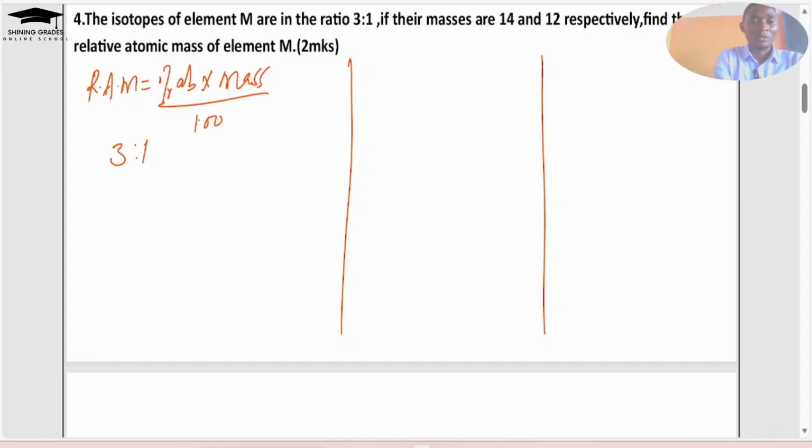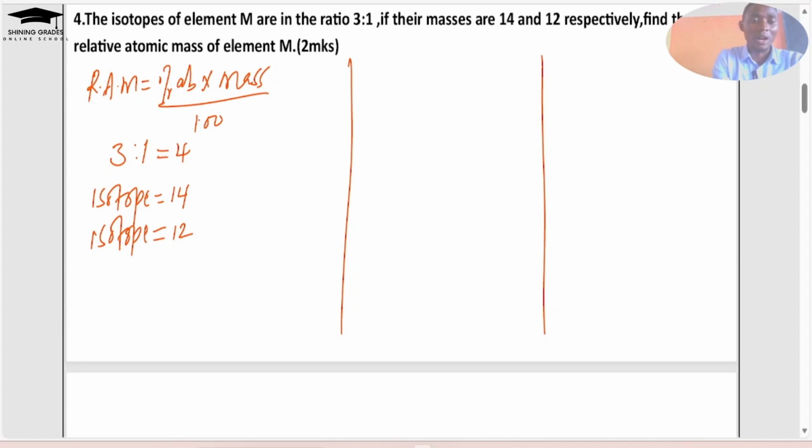So taking isotope 14 and isotope 12, they are in the ratio 3:1, meaning 3 for 14 and 1 for 12, and the total ratio is equal to 4.